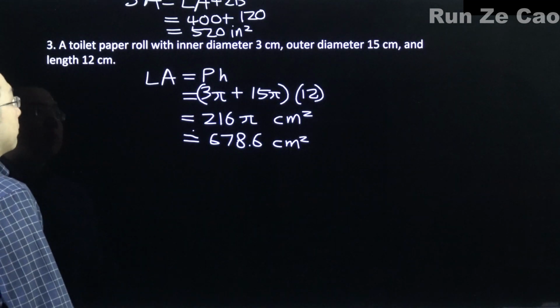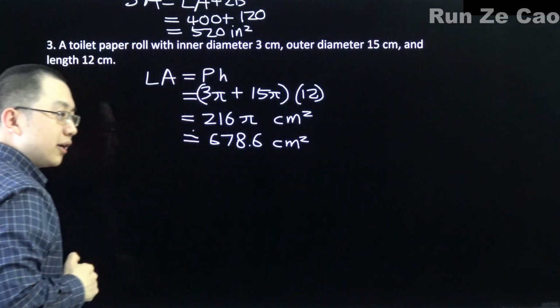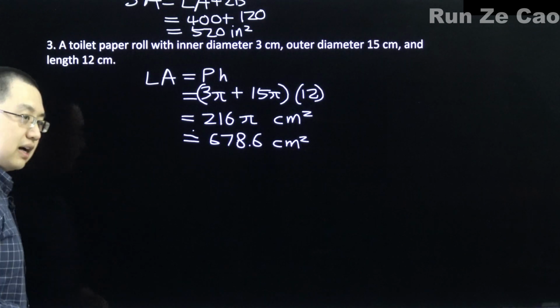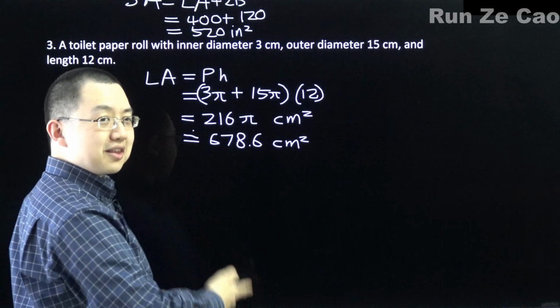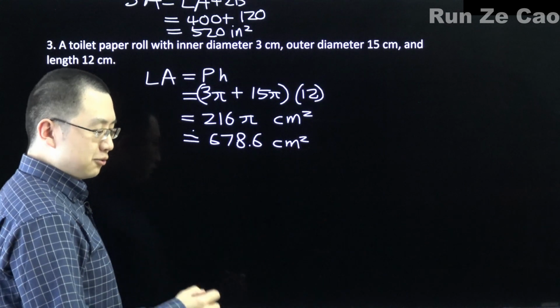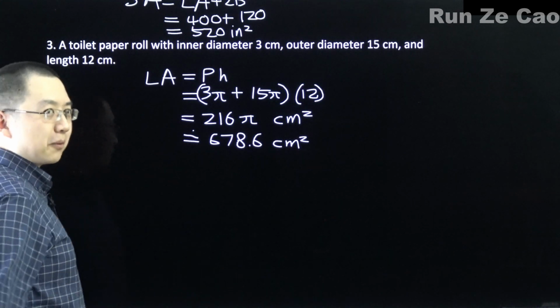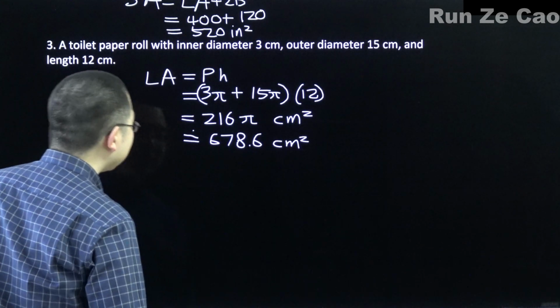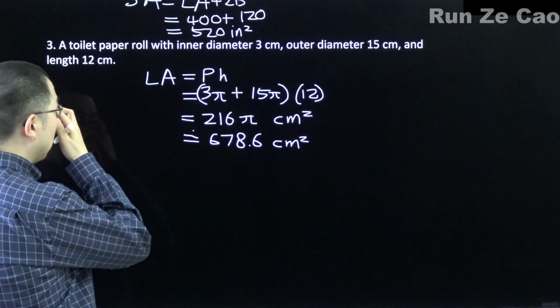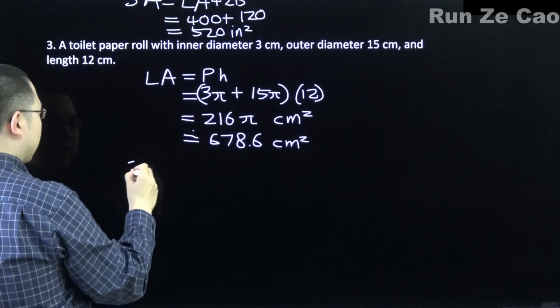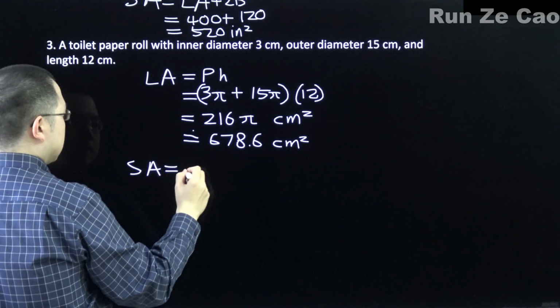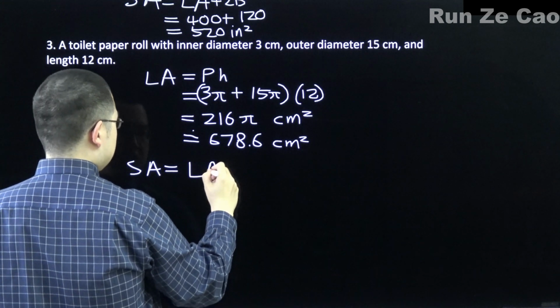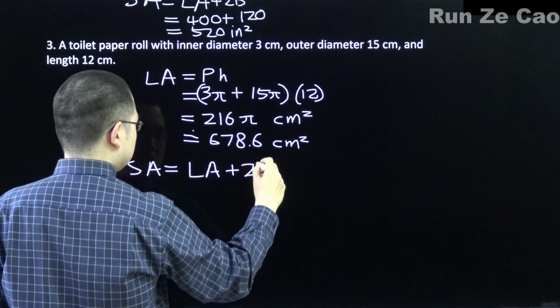So this toilet paper roll and its inner diameter and the length, this is what we were dealing with in the example. A conceptual empty roll of toilet paper. How interesting. So the total surface area is equal to lateral area plus 2 base.